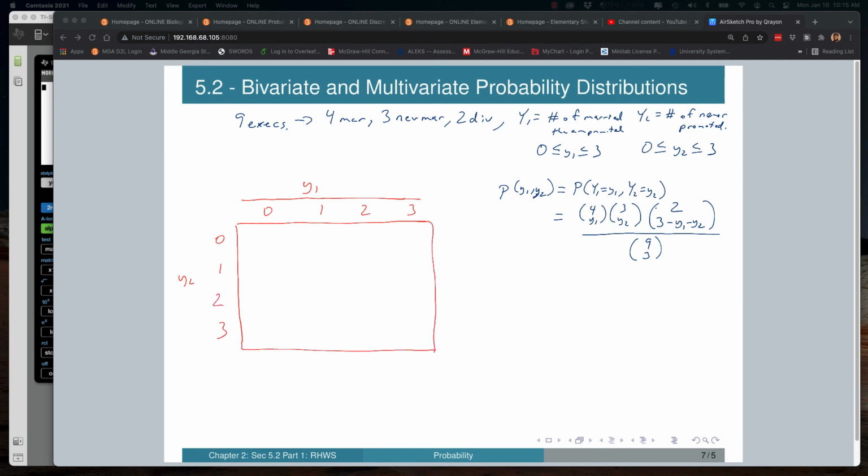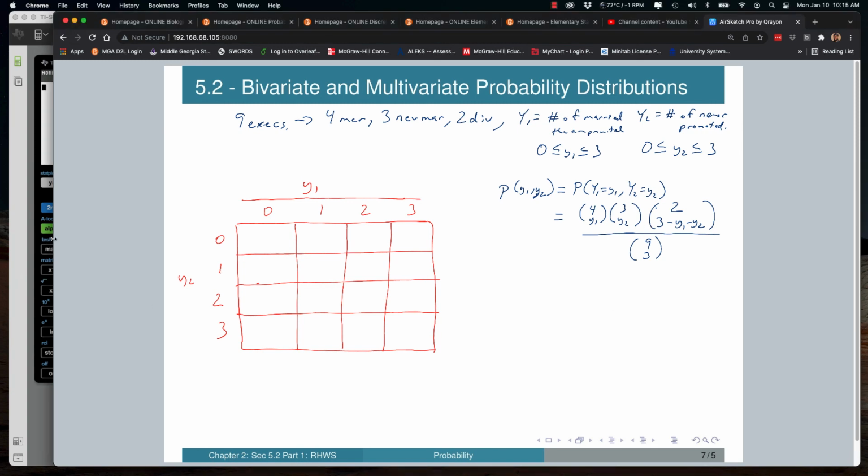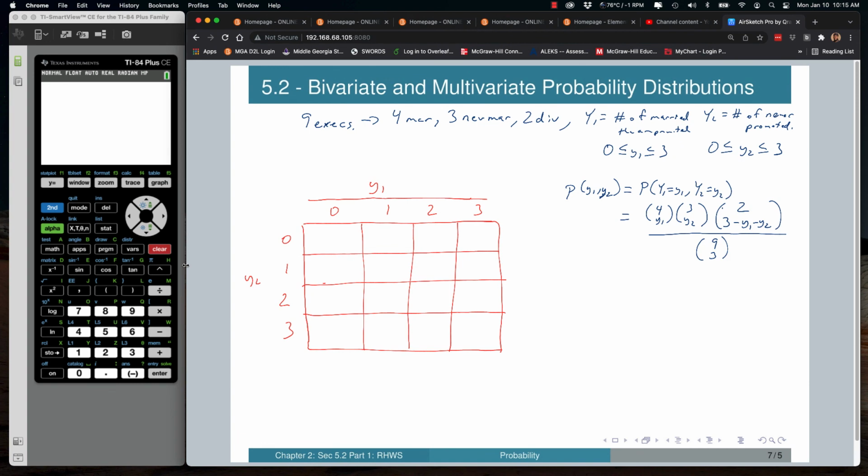All right, so I've got my table ready to fill out. Basically, we can figure out the denominator for any one of these. Let's pull out the old handy dandy calculator for a minute, and I'm just going to start plugging and chugging away here. Let me move this over a little bit so we can see the calculator without messing the screen up too much.